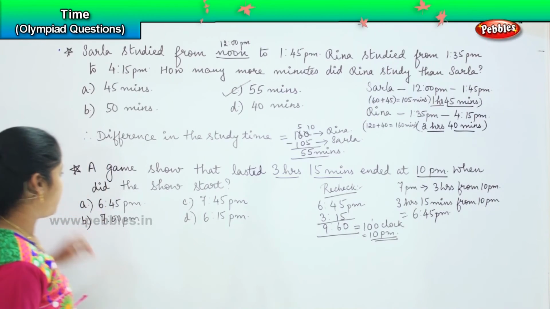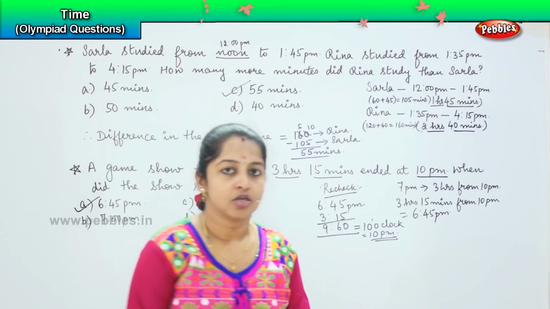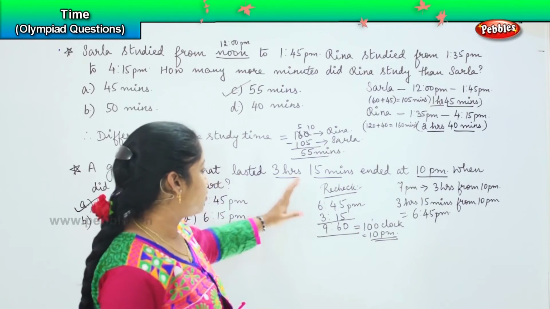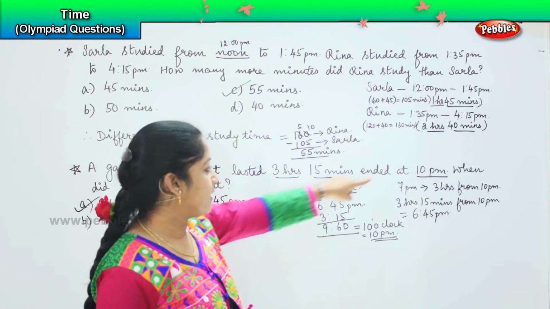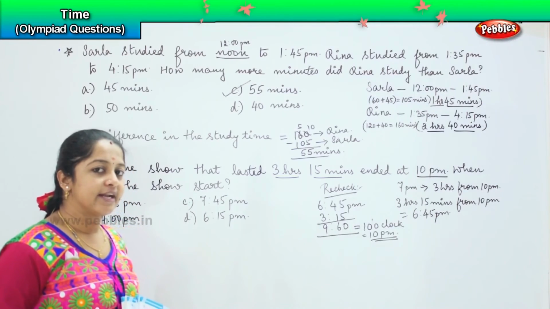So the right answer will be option A, 6:45. Clear? So whenever you have a doubt whether the answer which you found is right or not, just try to recheck it. And if you are getting the question that is asked, which means your answer is correct. Clear? We move to the next one.